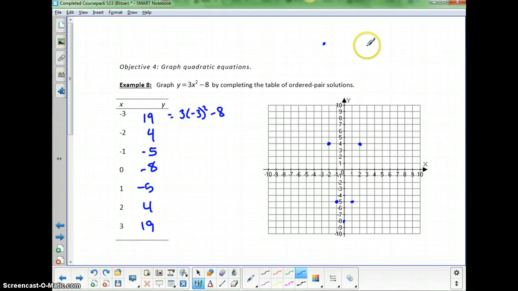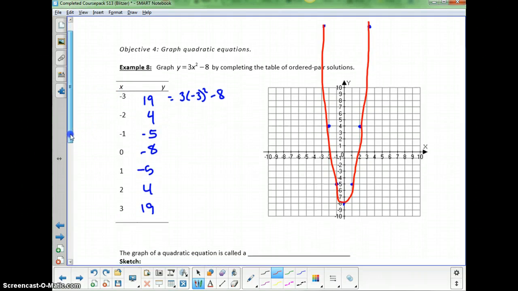And 3, 19 again. Approximate that right here. Okay, so let's connect these, and the shape of this graph is going to be a curve that's going to come down in here and then come back up. And again, it's kind of hard to draw this with my mouse right here, but you can see the general shape of this curve is sort of a U shape, a very steep and narrow U shape in this particular case.